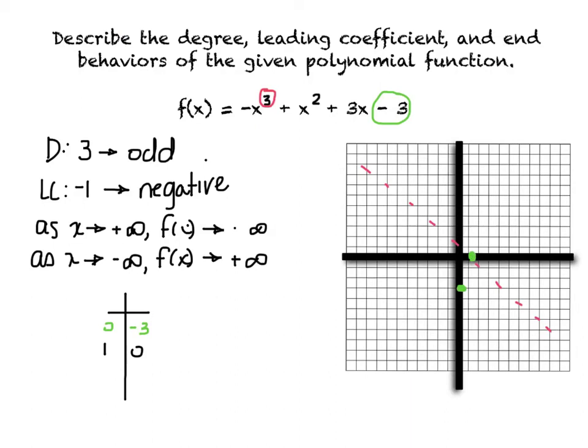Let's plug in -1. Remember, I'm always plugging into parentheses. -1 cubed is -1, so this becomes +1. This becomes +1. This becomes -3 minus 3. So 2 minus 3 is -1, minus another 3 is -4. So -1, -4.